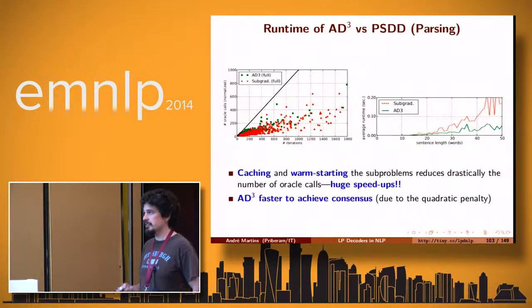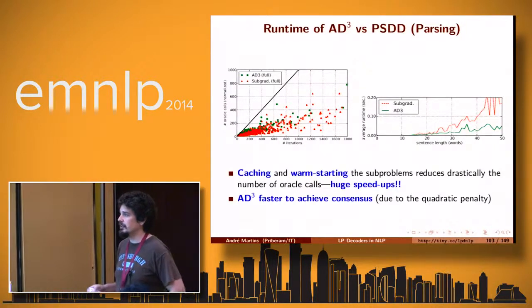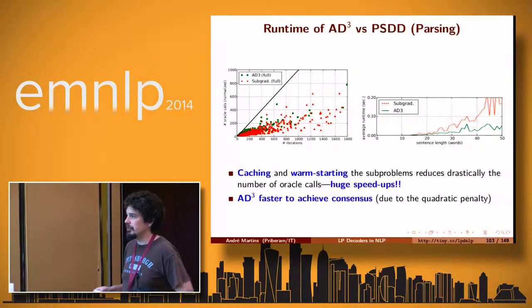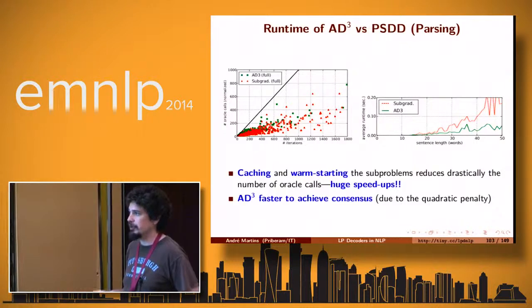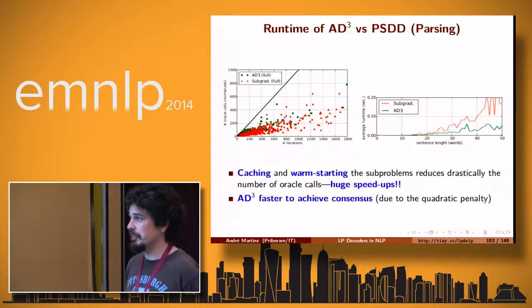So this avoids calling the oracles for every iteration. So this plot is showing that this line will be the number of times you will need to call the oracles if you didn't use caching. And for both AD-cubed and subgradient, the number of times that we actually need to call the oracle is far below that line. So this is giving huge speedups in practice.